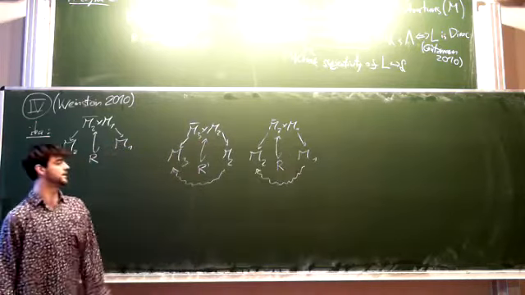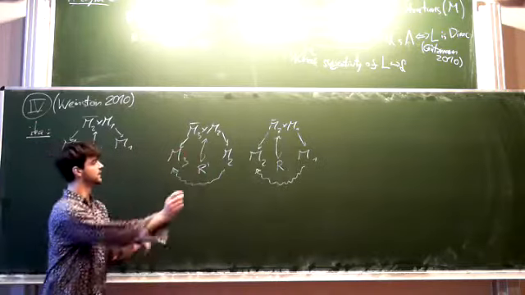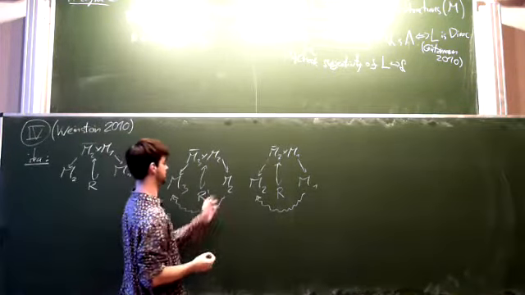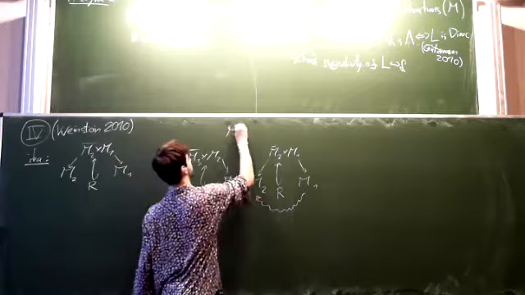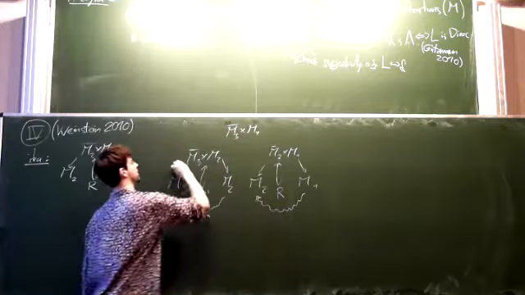And I would like to get a line from here to there somehow, so a submanifold of this M3, M1 product.